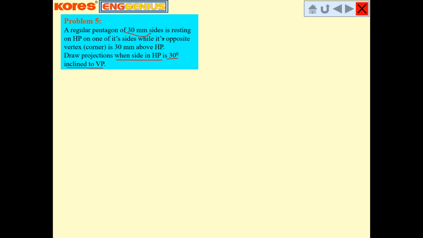So the plane is resting on one of its side, that side's opposite corner we need to consider, and that point is 30 mm above HP.